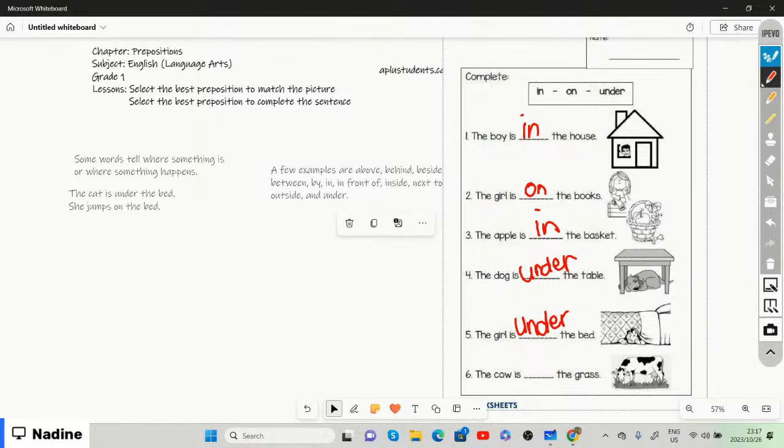Do we say on the grass or in the grass? All right, let's say on the grass, right? So basically, these are the words that are possible examples of prepositions, right? And we said the first one is in, the second on, in, under, on.